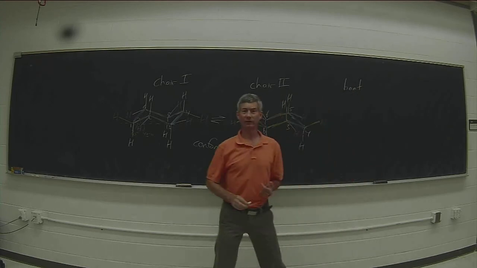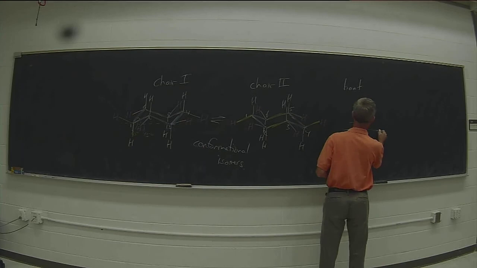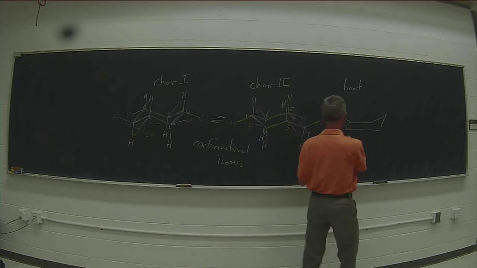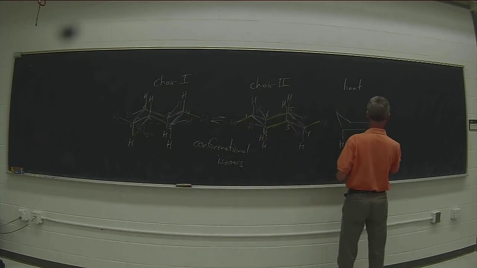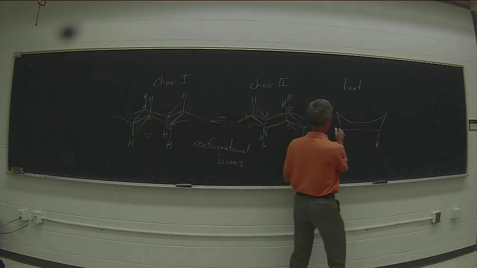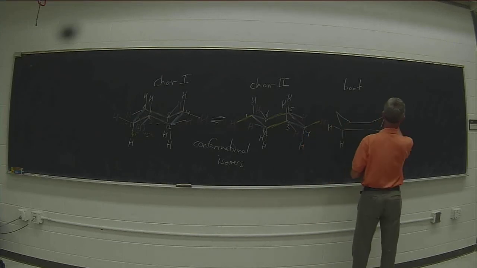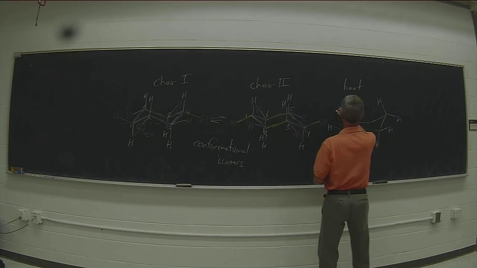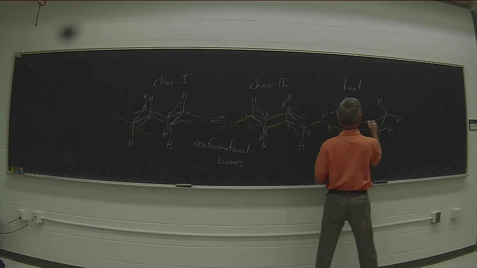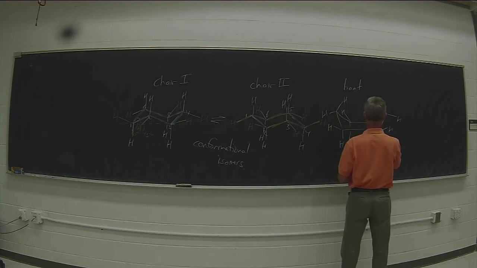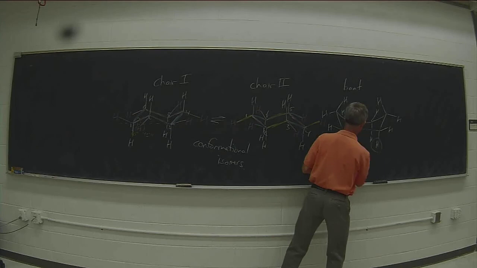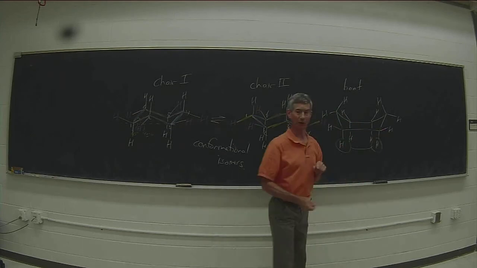A boat cyclohexane is less stable than chair cyclohexane because you haven't actually eliminated the eclipsing strain on carbons 2 and 3. So there's still eclipsing strain between these two hydrogens, and actually also between these equatorial hydrogens.